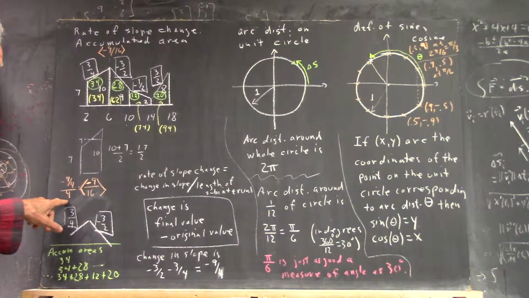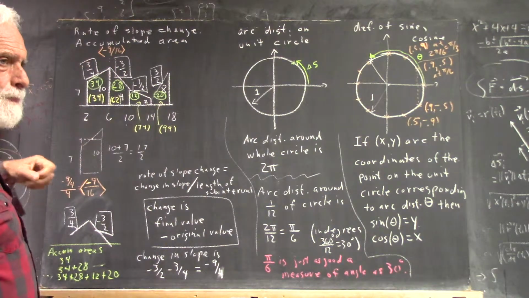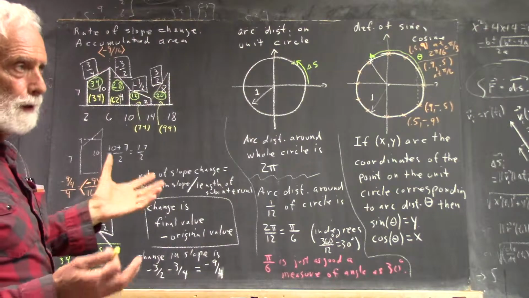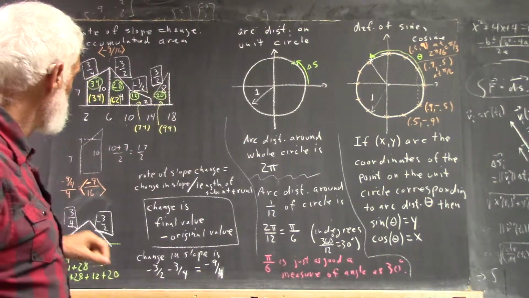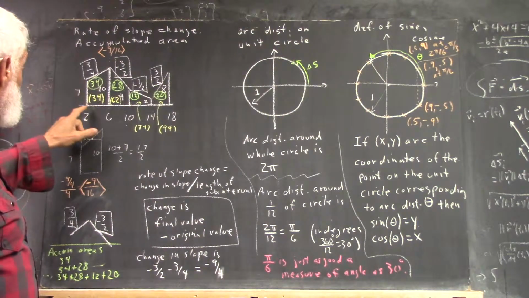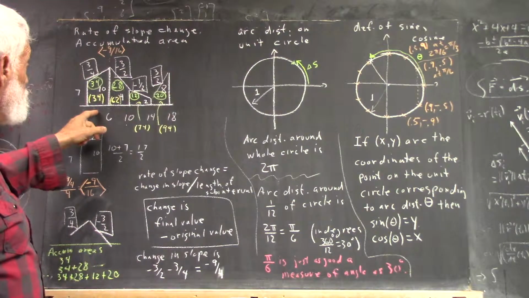Why do we use the length of the interval? Because the slope on each interval will be, most likely, if our intervals are short enough, pretty close to the slope at the midpoint of the interval. So for the interval from 2 to 6, the midpoint is 4, slope is 3/4.